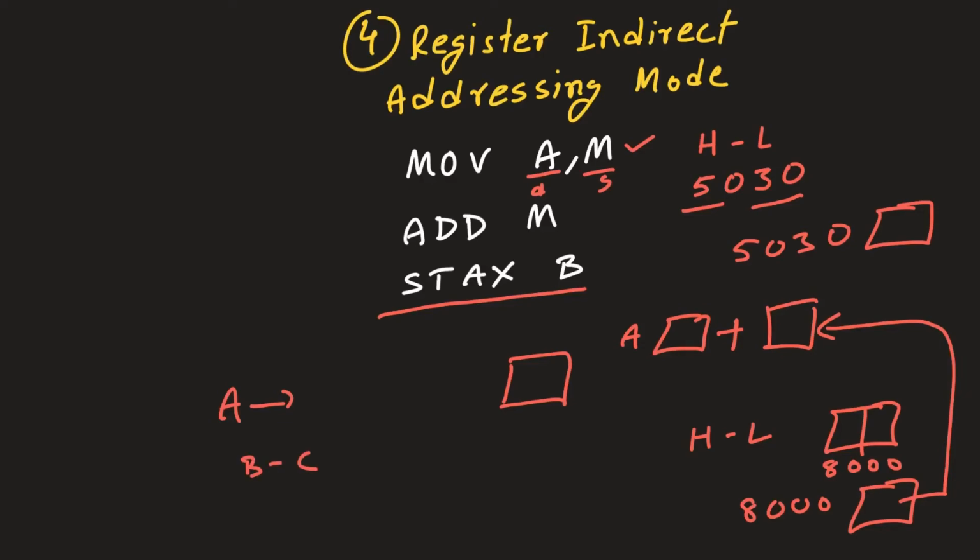Let's assume that BC register pair has 9000 in it. So when STAX B instruction is executed, the content of the accumulator will be transferred to memory location 9000, which is pointed by BC register pair.